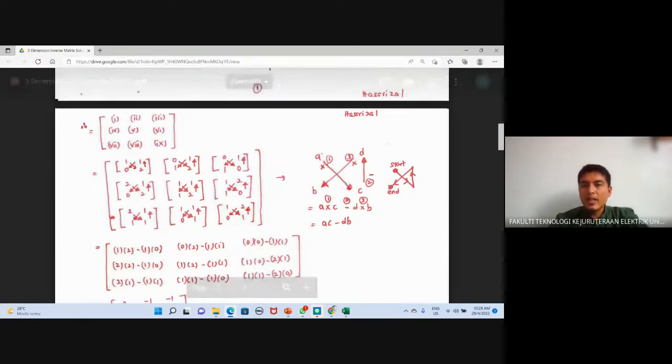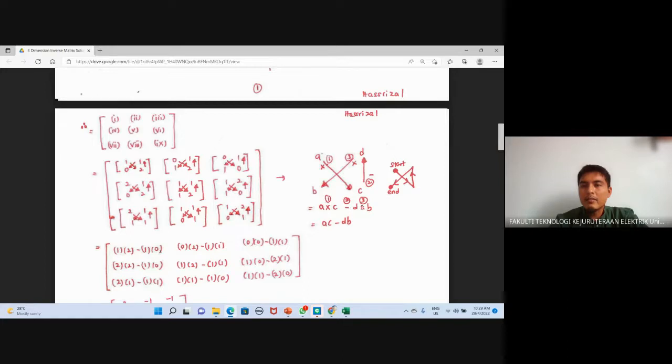So you can see that A multiplied with C. This is the diagonal direction, A to C, you need to multiply, and then going up, you need to minus D multiplied with B, the other diagonal value. So it becomes AC minus DB.